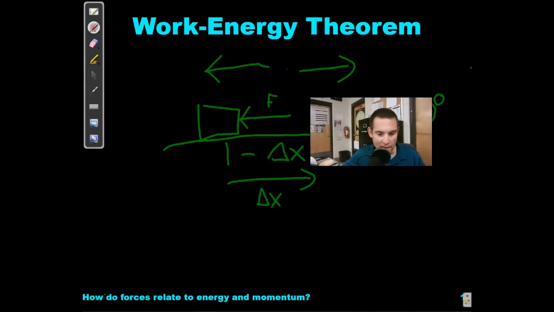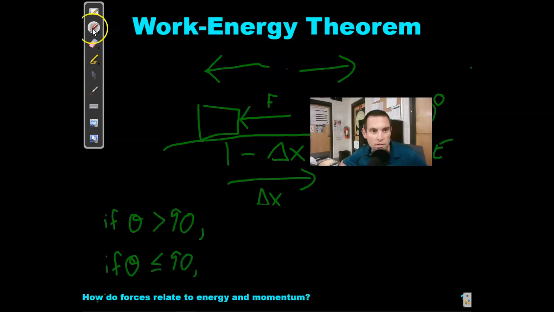Well, there's a math word to describe 180 degrees. Obtuse. Obtuse means anything greater than 90. And if that angle difference between force and displacement is greater than 90, that is obtuse. And if we have obtuse, then we have negative work.